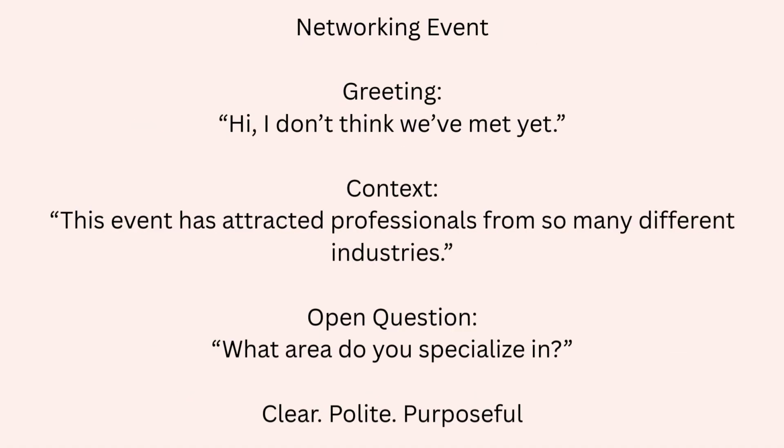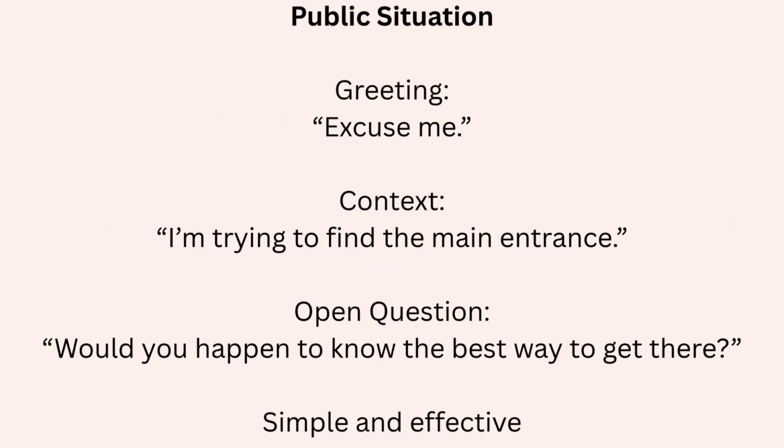Networking event, "Hi, I don't think we've met yet." Context, "This event has attracted professionals from so many different industries." Open question, "What area do you specialize in?" Clear, polite, purposeful. Public situation, "Excuse me." Context, "I'm trying to find the main entrance."